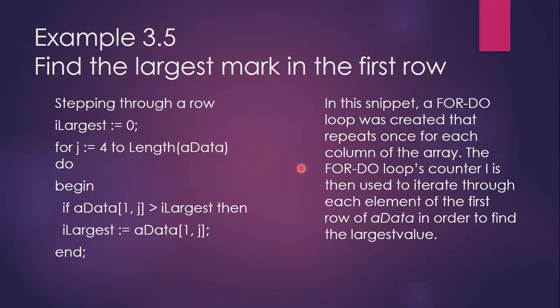The for-do loop's counter J is then used to iterate through each element of the first row of A data in order to find the largest value. So what it's going to do is bounce through all the columns, read through them, and match it against my rows.